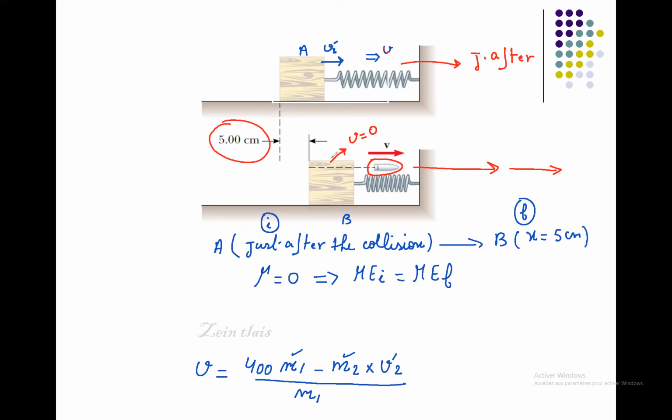Initially, I want to take only M2. I don't take the system M1 and M2, only M2, because I need to calculate the value of V prime 2.